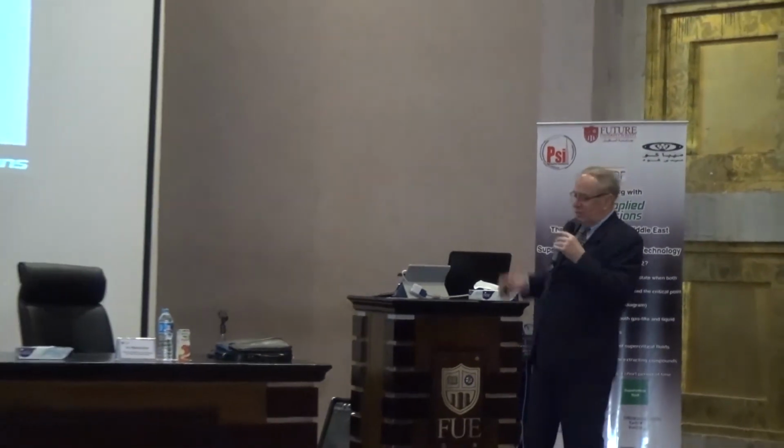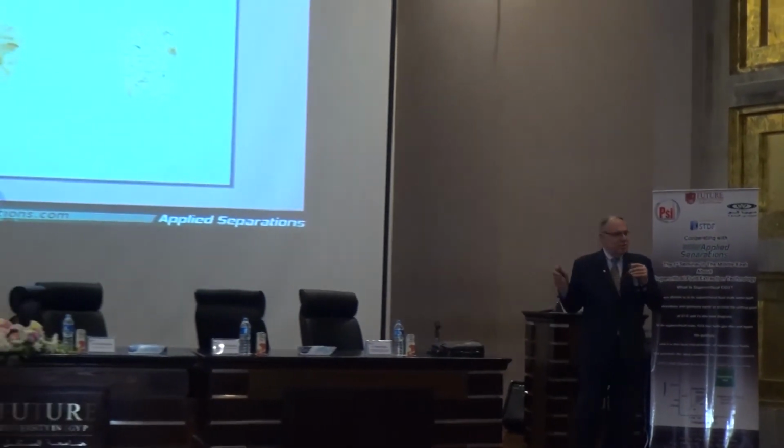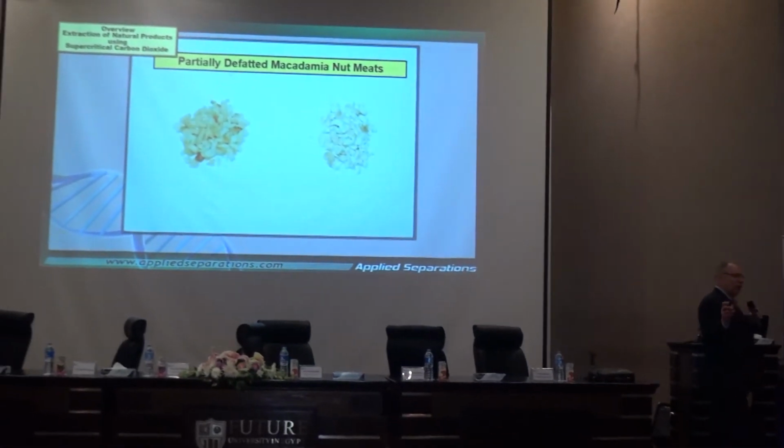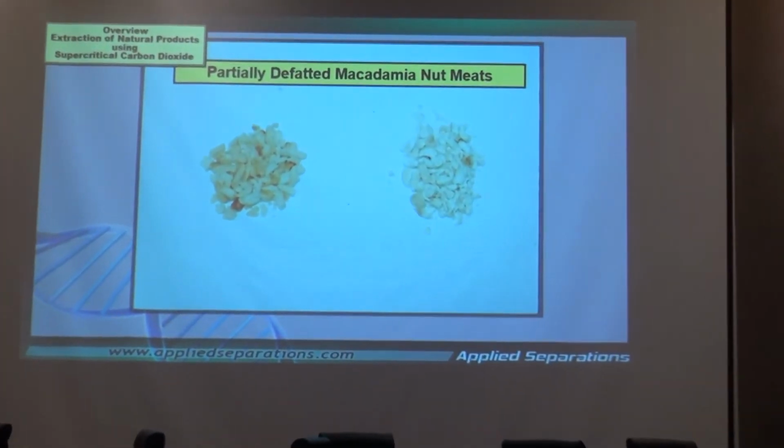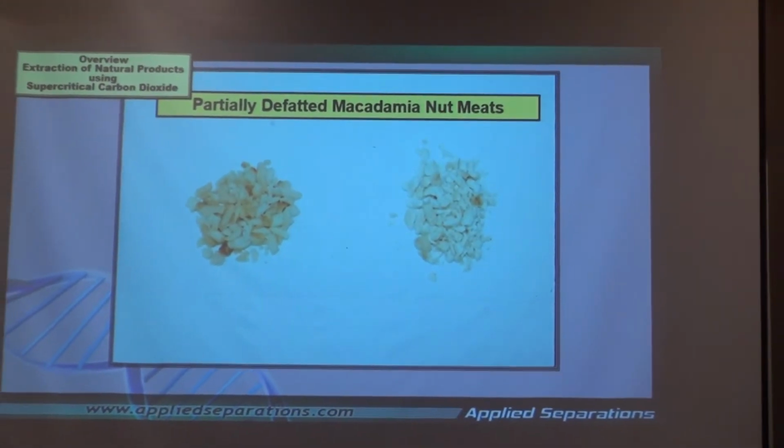A couple of other areas, this is one I wanted to talk to you about from the first hour. Fat reduction, but I wanted to talk to you about solvent-free products, but there it is, okay. This is macadamia nuts, and this is really quite interesting to be able to do.